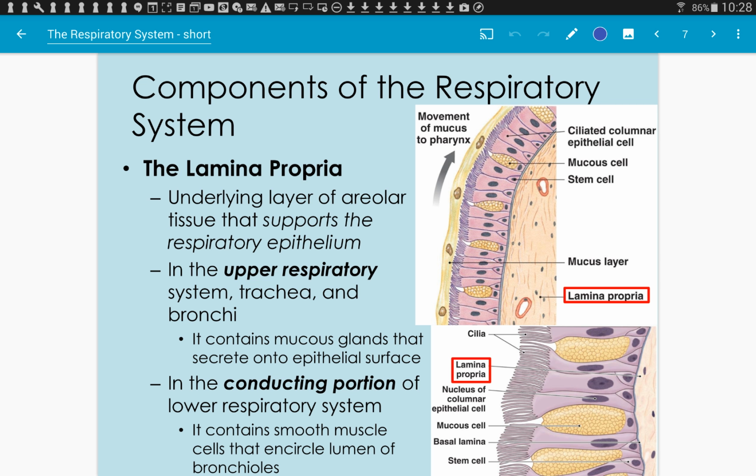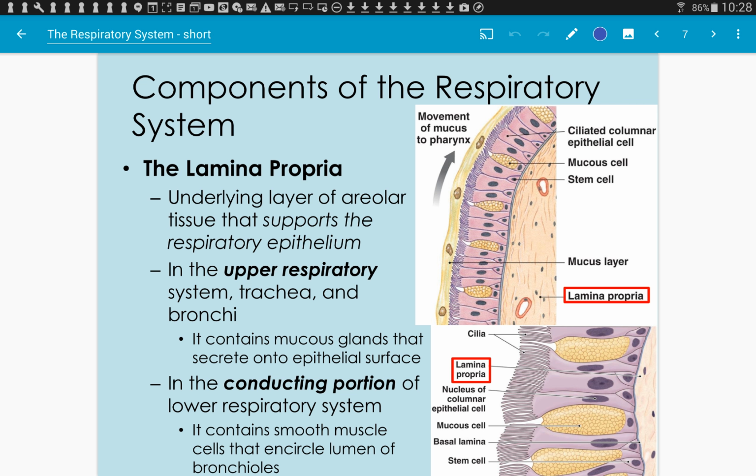Okay, so this is part of the conducting portion. The conducting portion, what do we find? So, mucous membrane, conducting portion, all of that is mucosa, right?